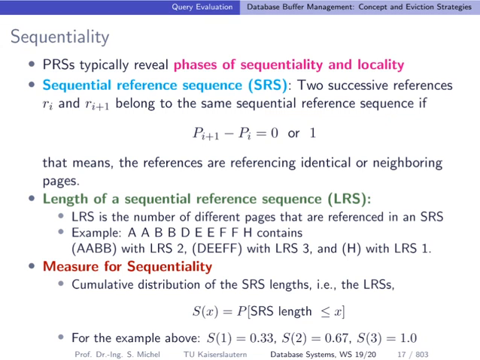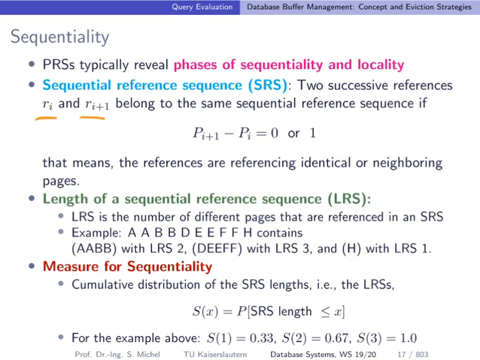So on this slide, we want to compute sequentiality. For that, we do the following definition. We define a sequential reference sequence, SRS, as follows. If we have two successive references, Ri and Ri+1, so that means there's a dependency that Ri is accessed, and then afterwards Ri+1 is referenced, or the reference string contains this entry.